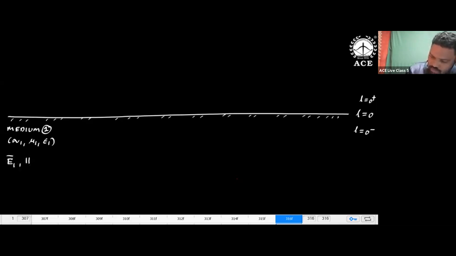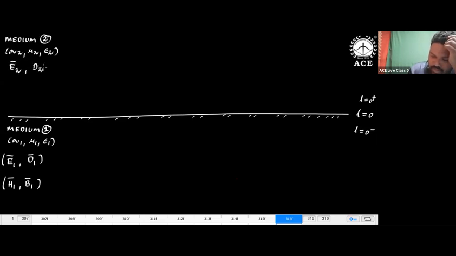E1 comma D1. What is the magnetic field here? H1 comma B1. Here it is medium 2, beta. Sigma 2, mu 2, epsilon 2. Here it is E2 comma D2. H2 comma B2, beta.